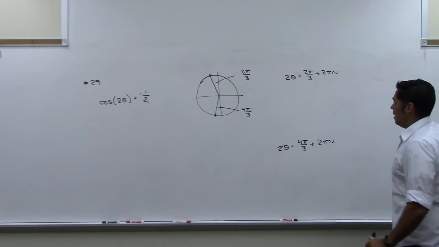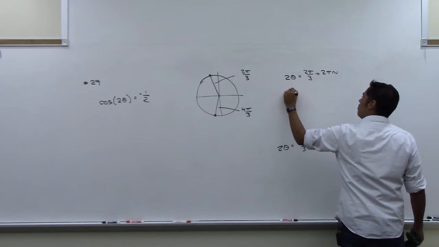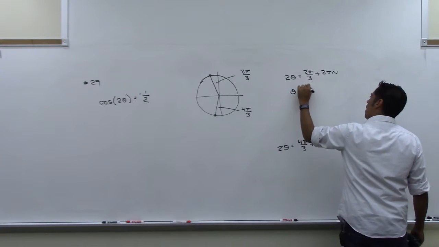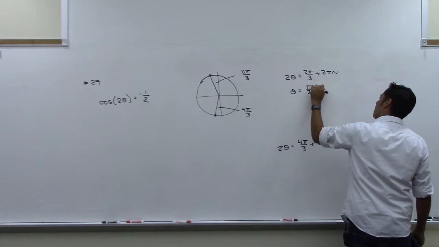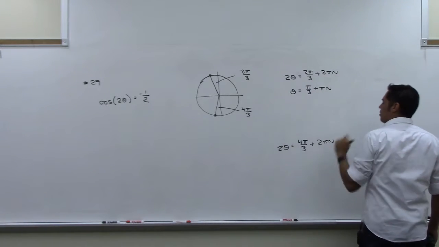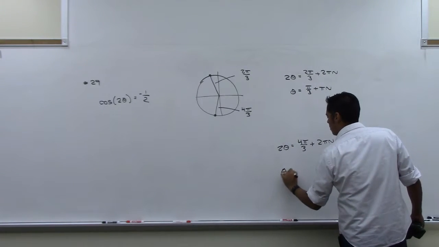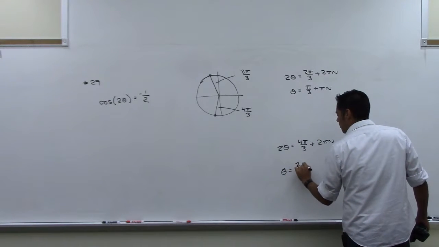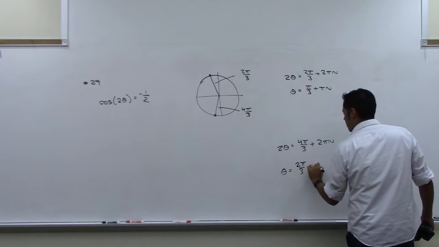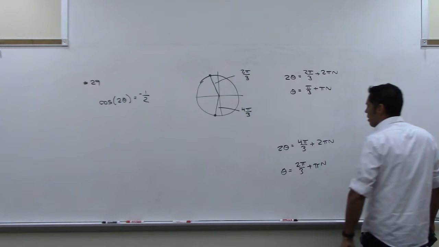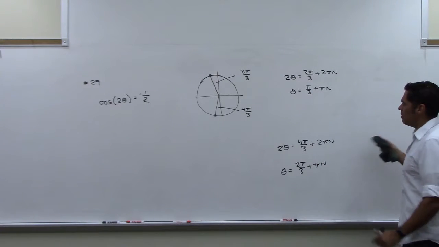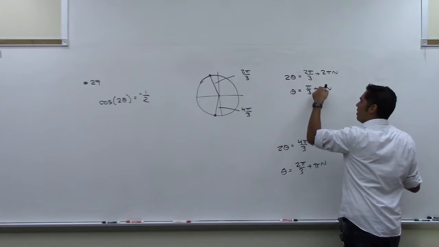Now we'll solve for theta. So I'll divide both sides by 2. We get theta equals, let's see, pi over 3 plus pi n. Dividing each of those by 2. Here we're going to get theta is, divide 4 by 2, we still have 2 pi over 3 plus pi n. I'm going to go ahead and get common denominators on these now. So I have to multiply top and bottom by 3.